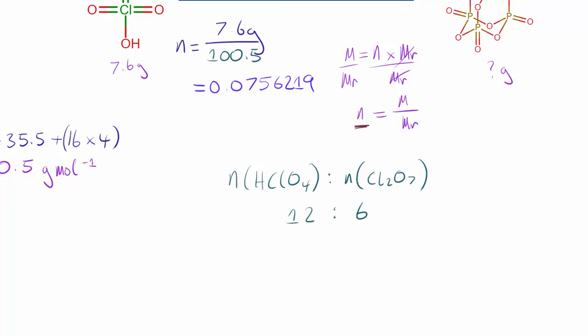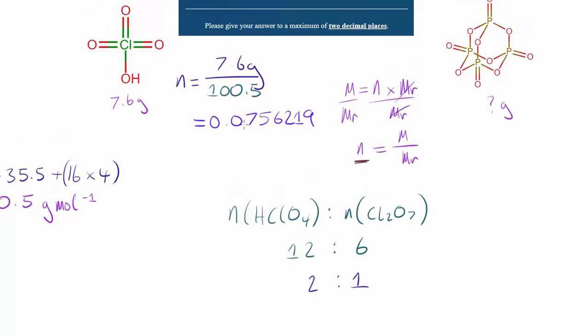Now, if we work on simplifying this, because it's a ratio, we can simplify it if there's some common factors. And if we divide both sides by 6, we're simply going to get a ratio of 2 to 1, right? Which means for every 2 moles of the perchloric acid, we're going to get 1 mole of the dichlorine pentoxide. Okay, what does that mean? What is the implication for our moles here?